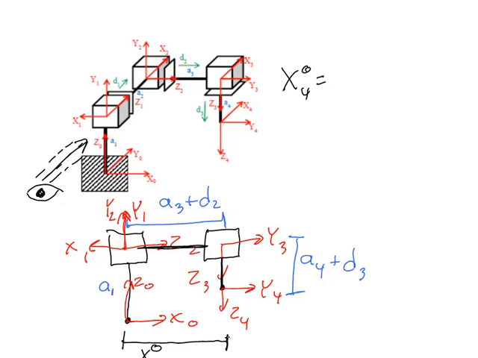What is this distance equal to in terms of my joint variables? Using the values that I've drawn on the distances in this drawing, we can see that x04 is equal to this distance up here, A3 plus D2.